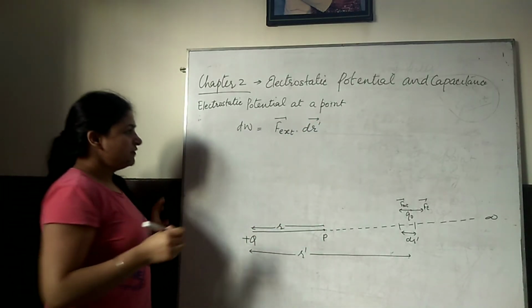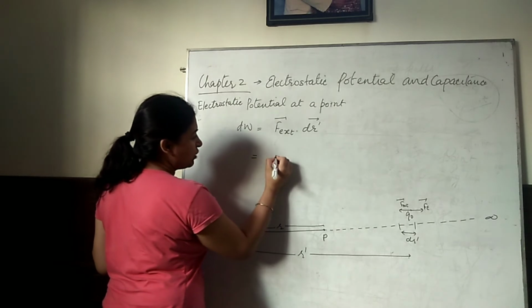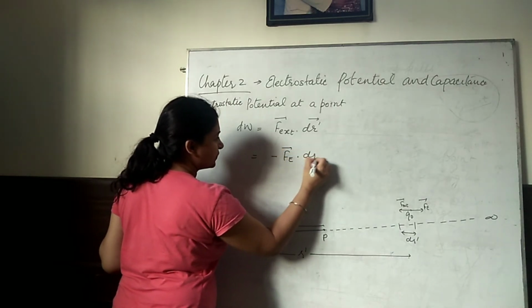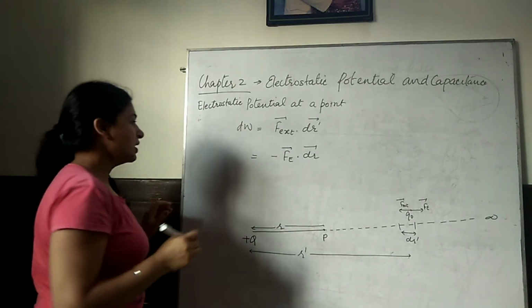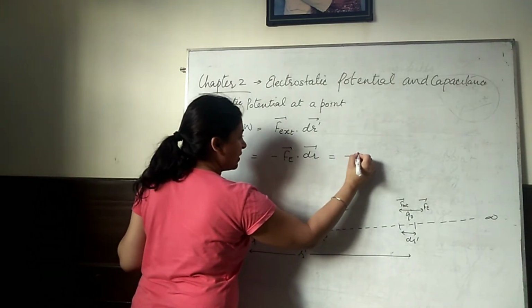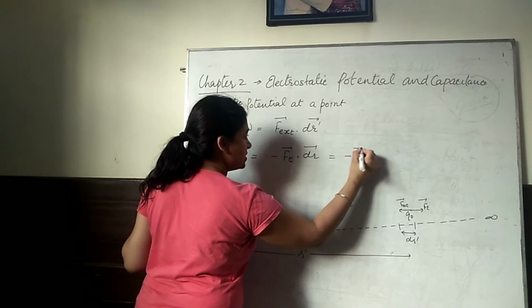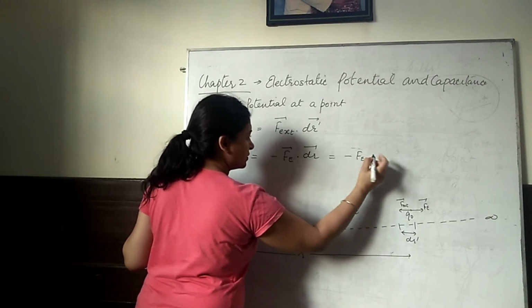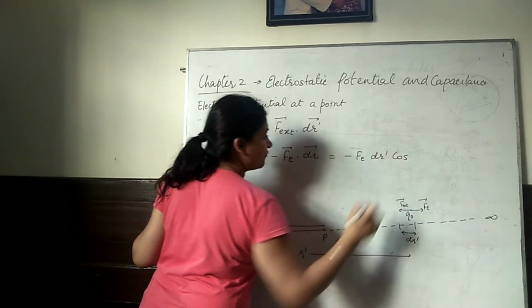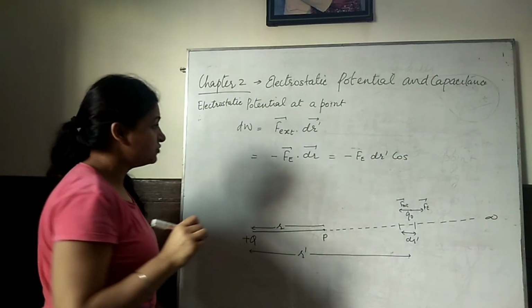Now you see, if F external is equal and opposite to the electrostatic force, this can be written as minus Fe dr dash cos of which angle we have to see here.